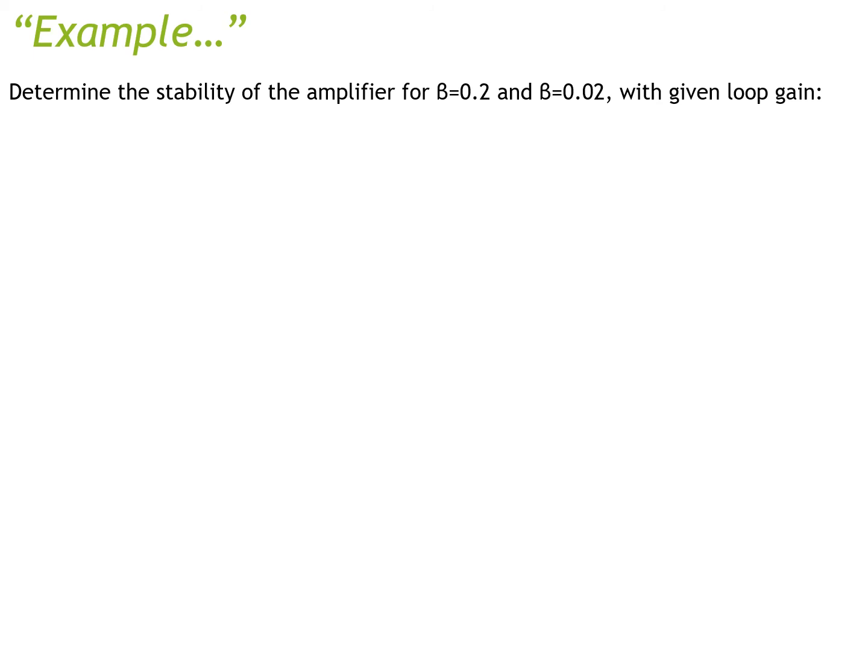I will give you the loop gain for both systems. In terms of frequency f, I have T(jf) equal to beta, which is the feedback transfer function, multiplied by 100, which is the mid-band or low frequency open loop gain.